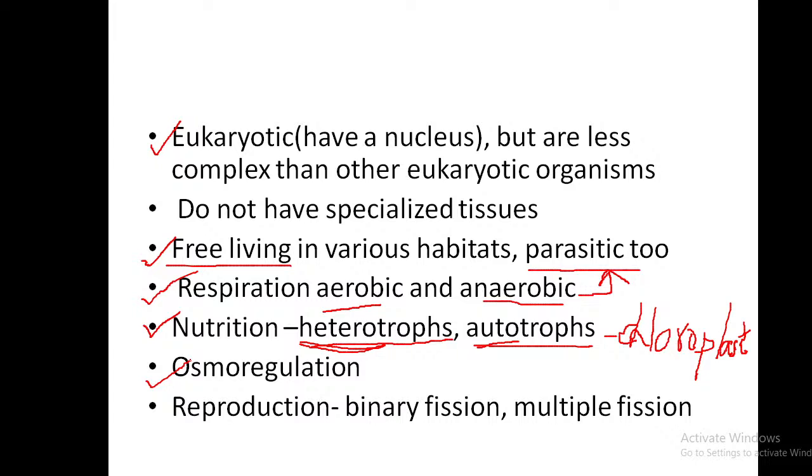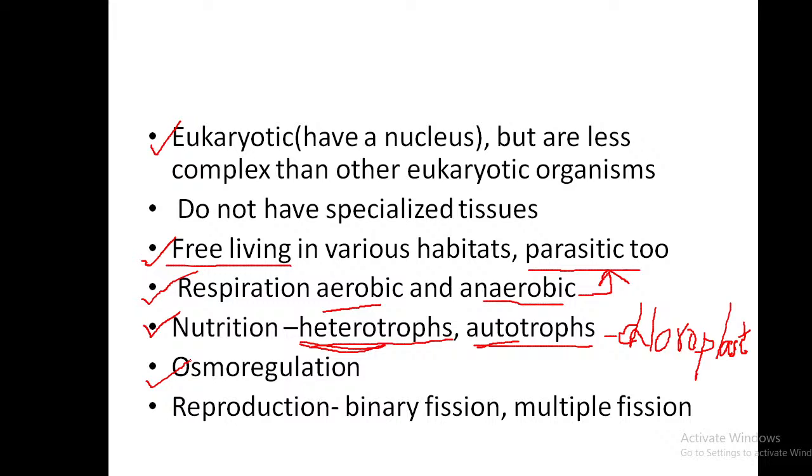So osmoregulation is the phenomenon in which a proper inner concentration of water and ions is maintained by the organism. How? Osmoregulation is helped by structures called contractile vacuoles. Hope it's clear. Now, reproduction.